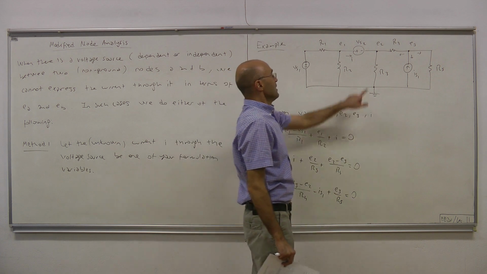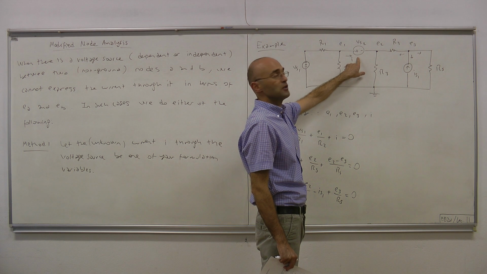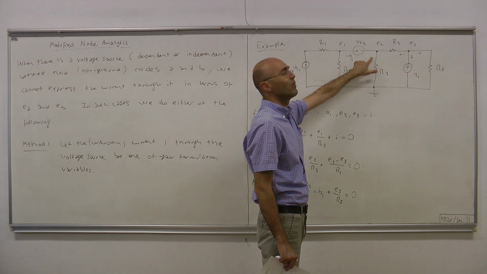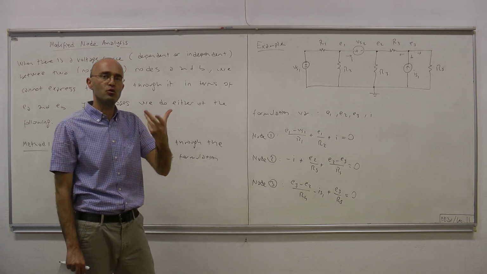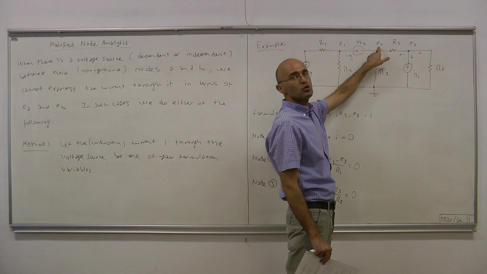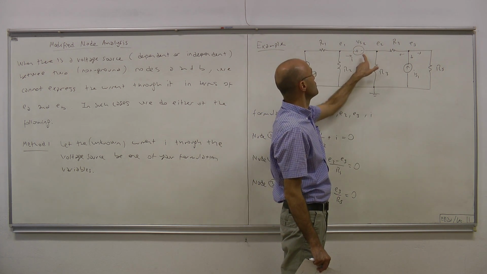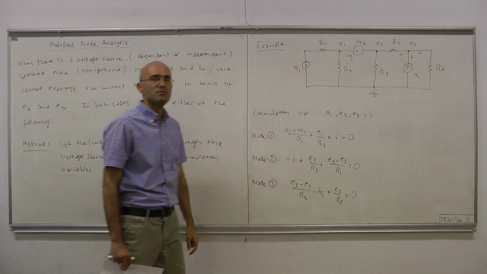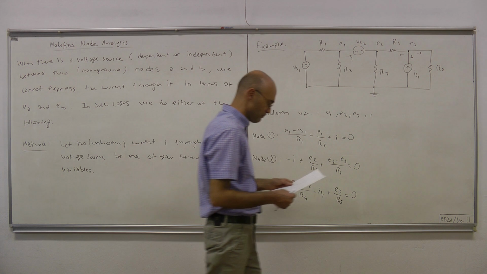Now, this Vs2 is the voltage difference between this node and that node. Therefore, that voltage source puts a constraint through KVL on the relation of E1 to E2. Simply, E1 minus E2 must at all times be equal to Vs2.